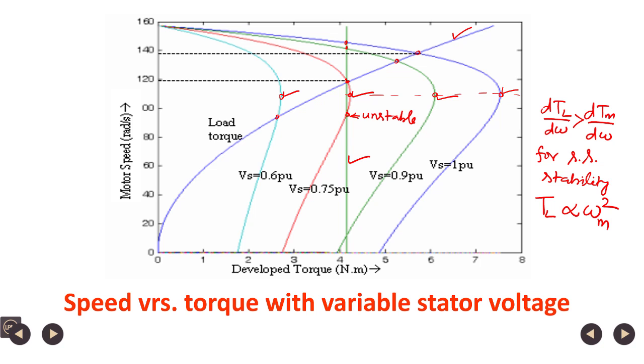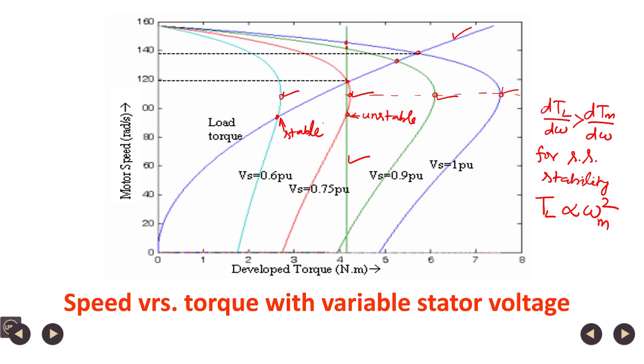And you can see all the points are stable, steady state stable. Even this point at 60% of the rated voltage is also a stable operating point, because the steady state stability criterion is satisfied here.